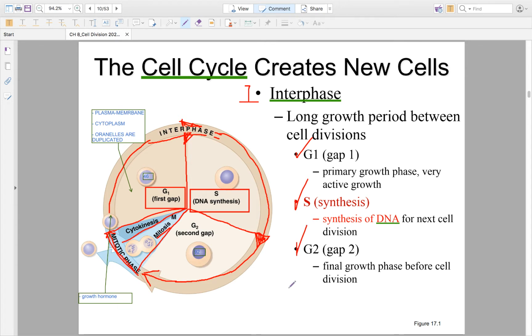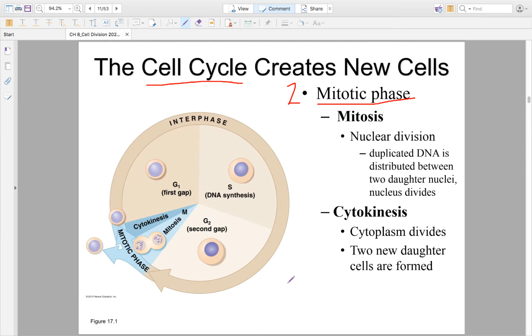Now, the mitotic phase is broken into 2 parts, mitosis and cytokinesis. Mitosis, the definition of mitosis, is nuclear division, meaning division of the nucleus. We're going to divide up the duplicated DNA and distribute it to 2 daughter nuclei.